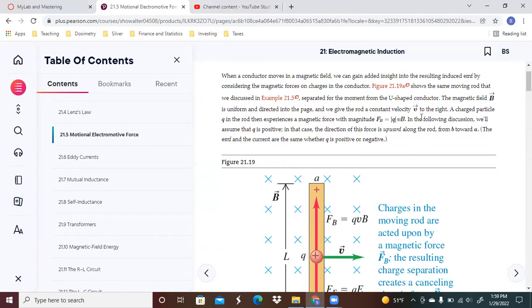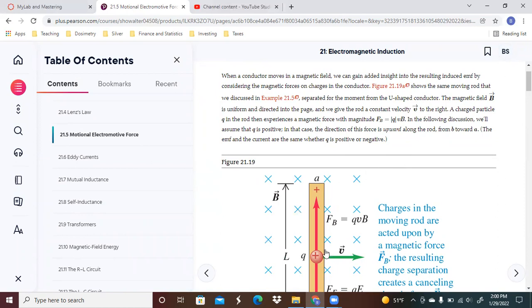So in this figure, we've got the same moving rod that we had discussed before, separated for the moment from the rest of the U-shaped conductor. The magnetic field is again going to be uniform, pointed into the page, and we give the rod a constant velocity to the right.